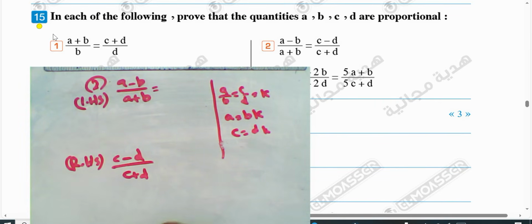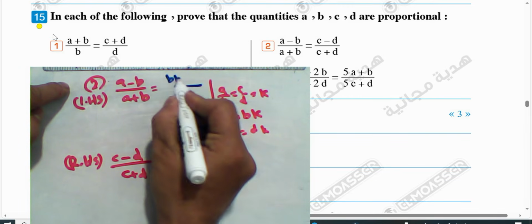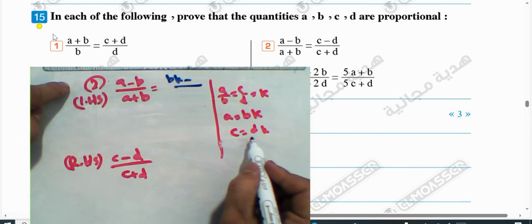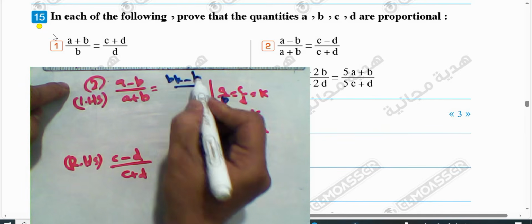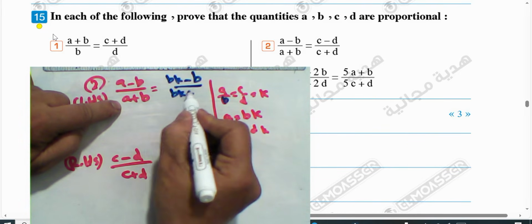We can put the value of a and c. Here at the left hand side, a is bk minus b over a plus b, where a is bk plus b.